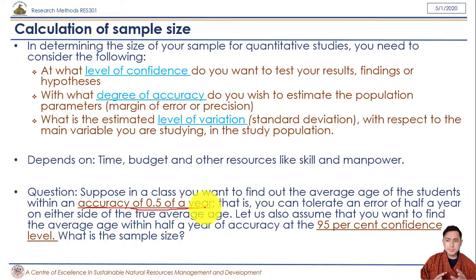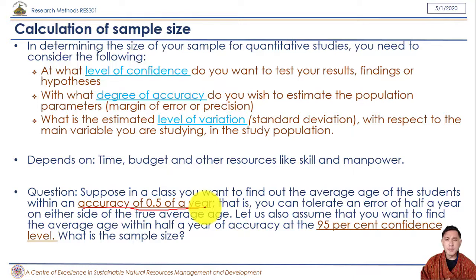What I mean is that, for example, the average age of your class may be 22 years, and I do not want the error to be less than 21.5 or more than 22.5.